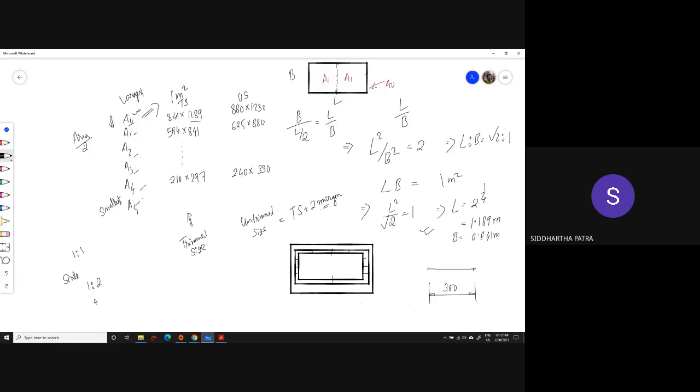So these are the possible scales: 1:2, 1:5, 1:10, then 1:20, 50, 100, etc. All of these scales you can use. And similarly, there are enlarging scales. That means you draw objects that are smaller, but in the drawing you enlarge them. In depicting those objects in your drawing, you enlarge them.